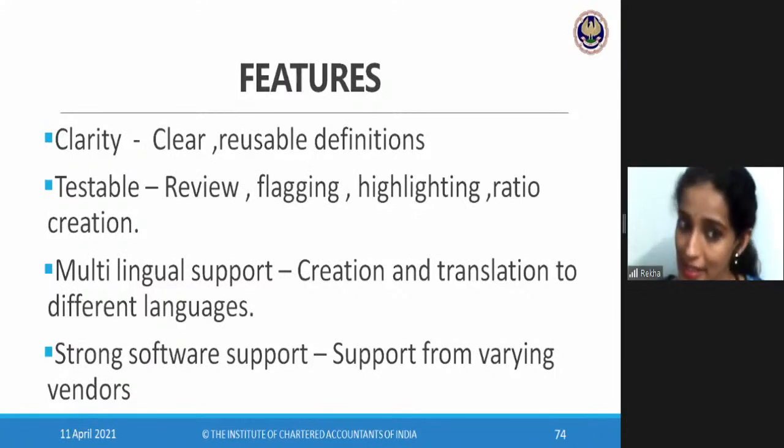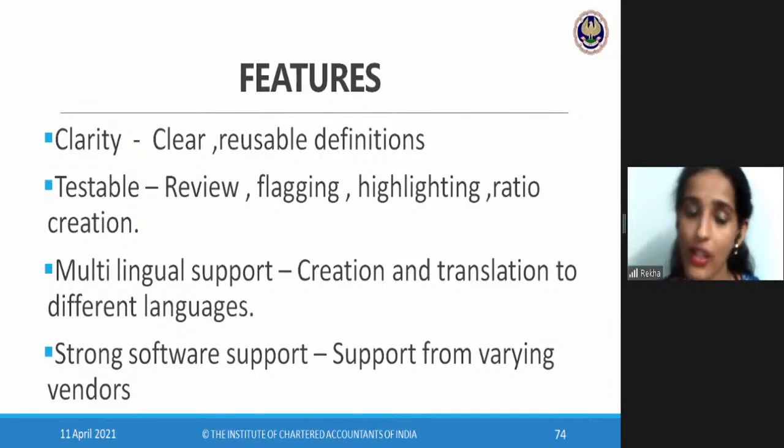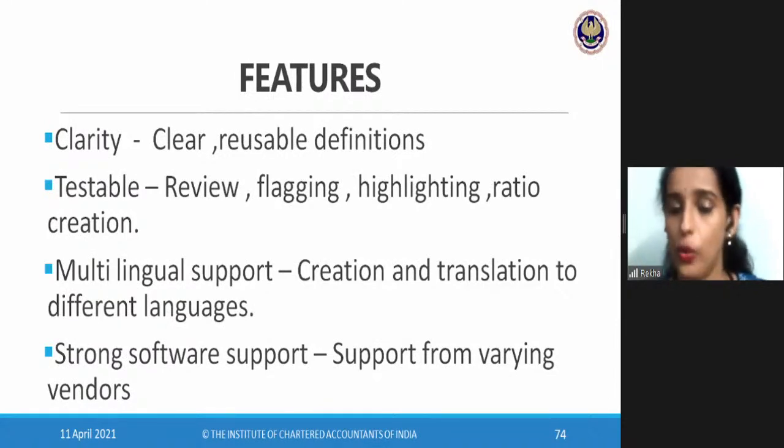Now, it is testable, in the sense that it will not allow any wrong data to be fed to the regulators. There is a flagging mechanism, review mechanism, multi-language support, and also strong vendor support because it is used across the globe.